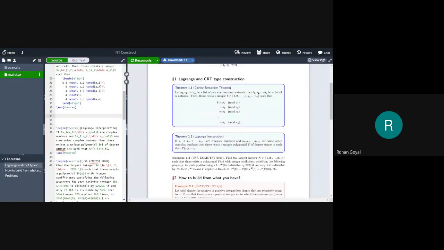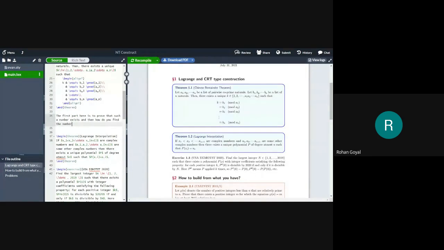So the first part here is you need to prove that such a number exists. And then the second part is the construct part. How do you find the number?